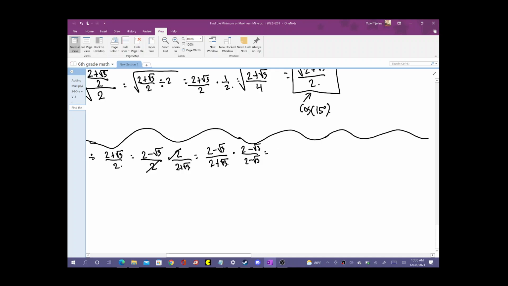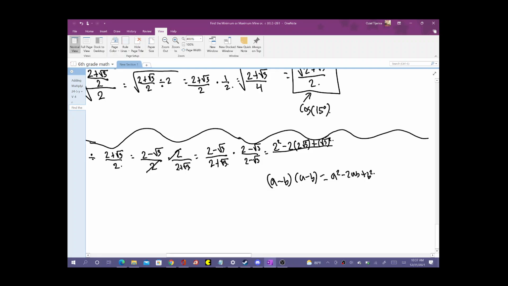So remember, a minus b times a minus b is a squared minus 2ab plus b squared. This is going to be 2 squared minus 2 times 2 square root 3 plus the square root of 3 squared. You can do the FOIL method if you want.